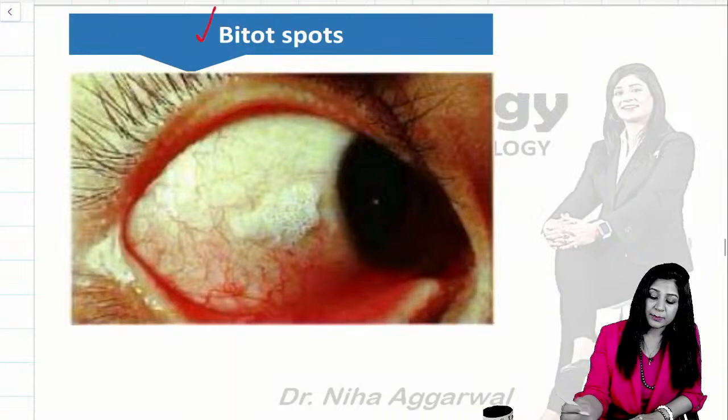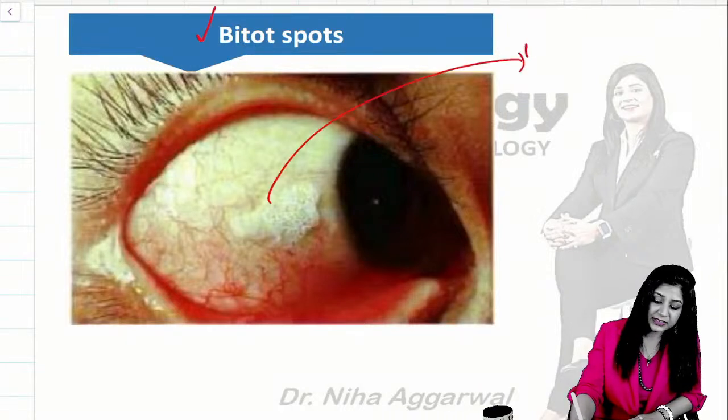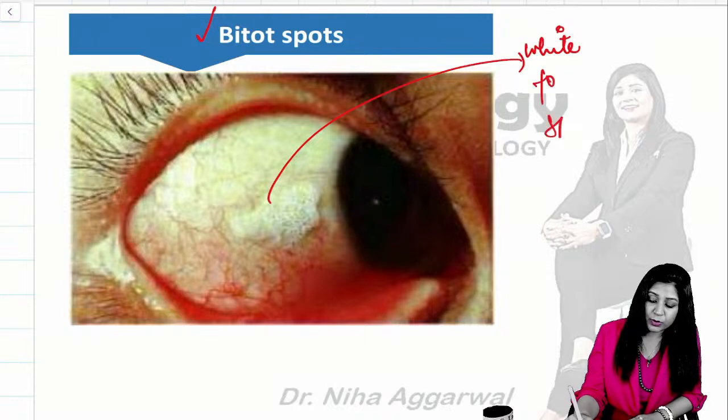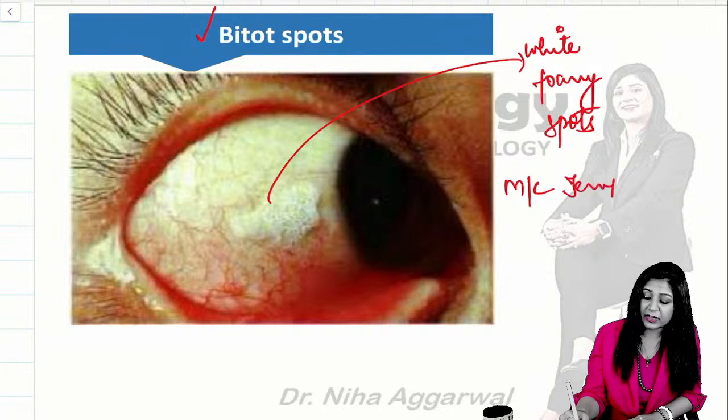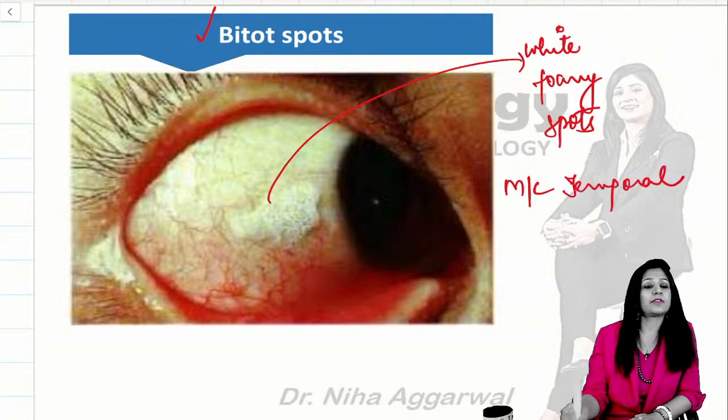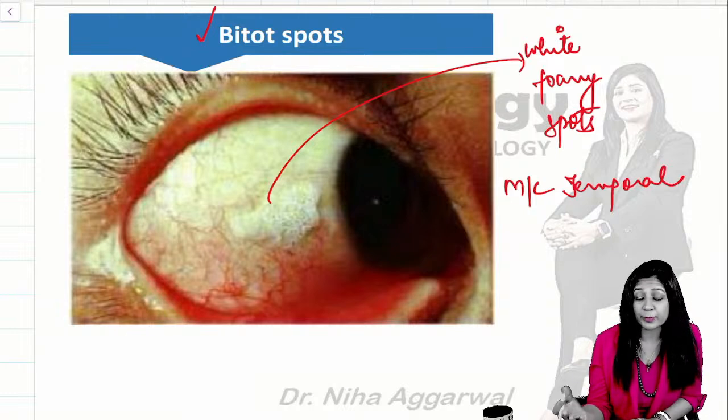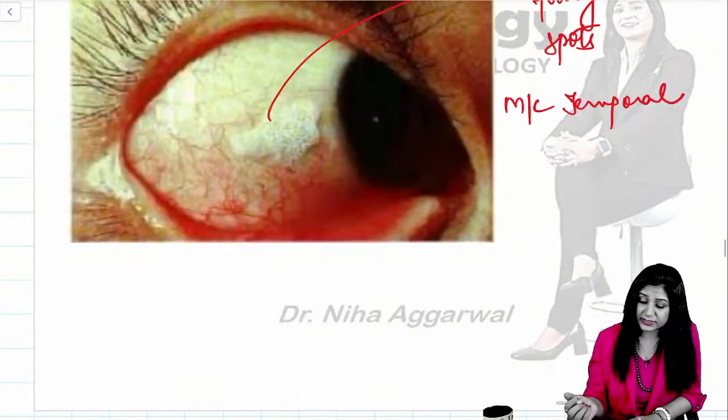White spots. You can see these are the white foamy spots. White foamy spots hai, more common on the temporal side. Whenever we are talking about pinguecula, we are talking about pterygium, they are always more common on the nasal side. These are more common on the temporal side hai.